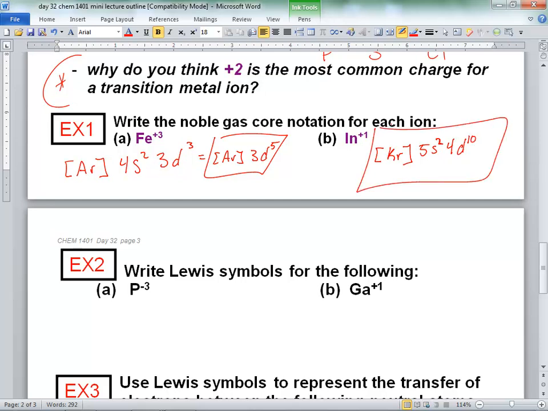Okay, did everyone agree for indium? Indium plus 1, you should end up with 5s2, 4d10, right? So if you got it, go ahead and write the Lewis symbols for phosphide and gallium-1.